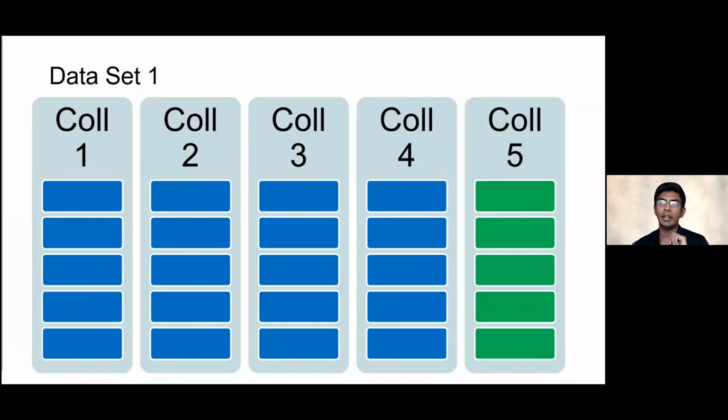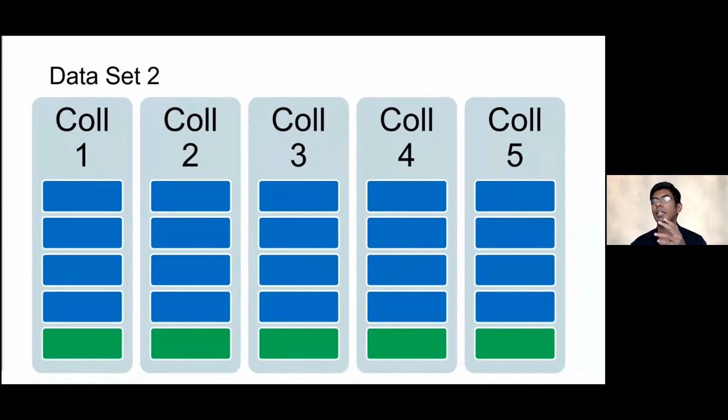This is a graphical representation of how we segmented the data. In data set 1, everything in blue, the collections 1, 2, 3, 4, we use for the training process. The collection 5, we leave for the testing. And here's the second example. Each collection, 80% of the images.